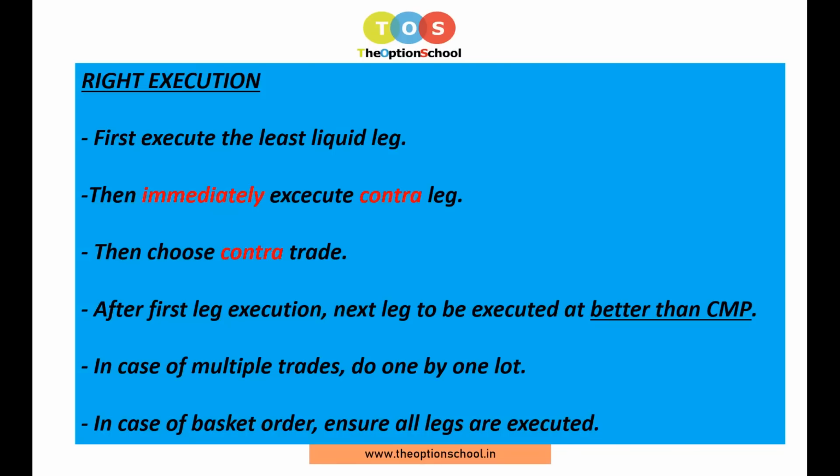Also, if any illiquid leg is there, it should not be put under basket order. And once you have put the basket order, you must ensure that all the legs are executed. It may happen that only two legs are executed, two are pending, and you are required to manually change the prices of those balance two legs.